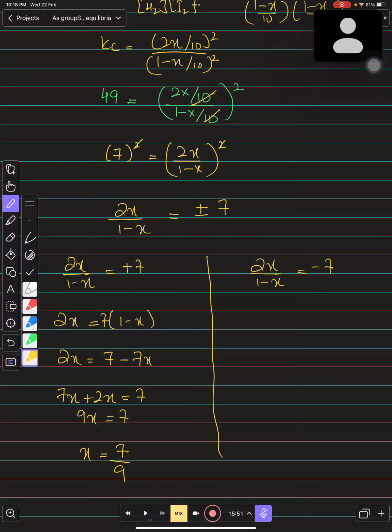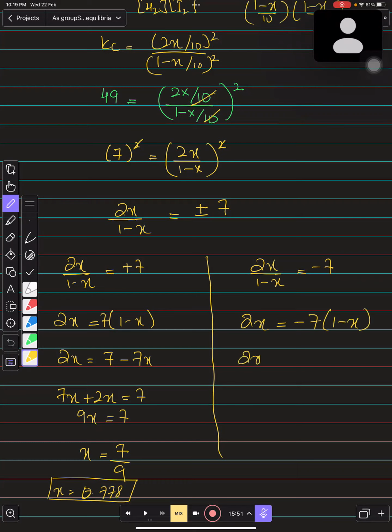Yes, sir. So what should be the answer if I divide 7 by 9? It would be 0.778. Right, bacho? Yes, sir. And let's check for this one. It would be 2x equals minus 7 into 1 minus x.